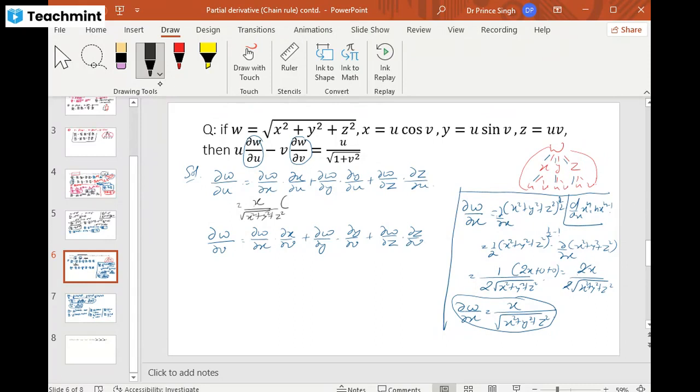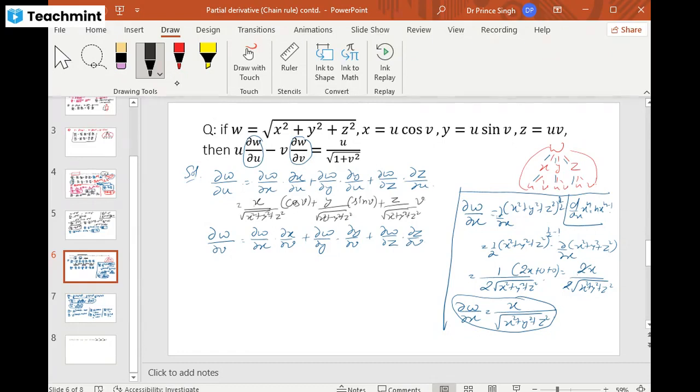∂x/∂u is cos v, and this is y upon square root of x² + y² + z², and the derivative of y with respect to u is sin v. And ∂w/∂z is z upon square root of x² + y² + z², and the derivative of z with respect to u is v.